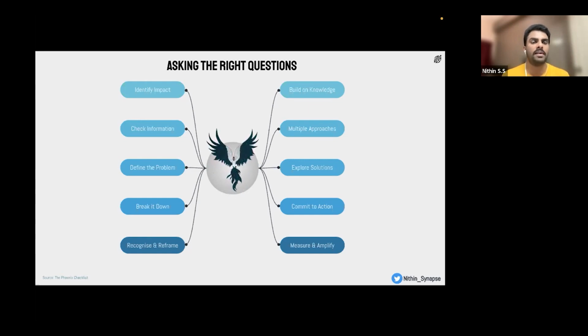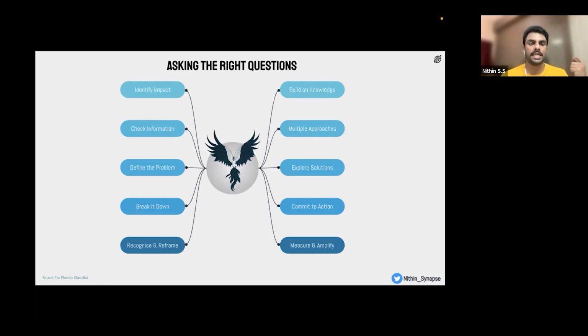Okay, how can we have a better testing strategy in order to deliver a better quality product? And then we try to break it down, because if you are seeing it as a whole, it could be a bigger scope. So if you are breaking it down, we can easily commit to action.